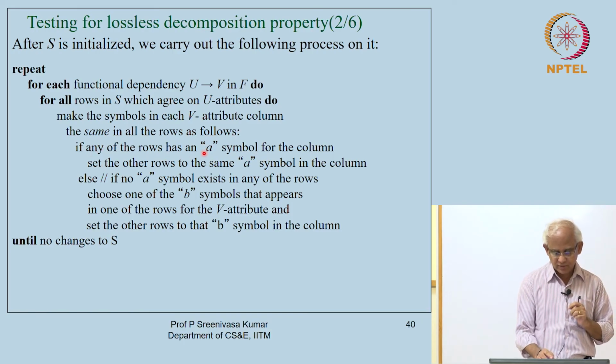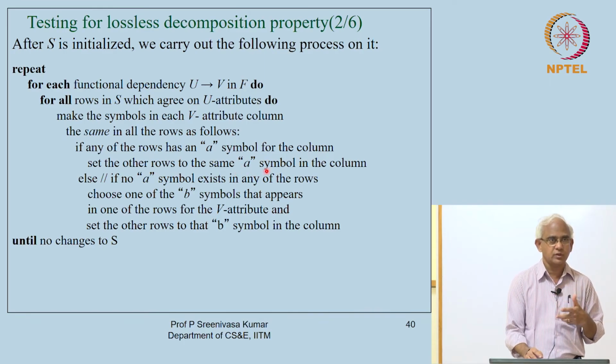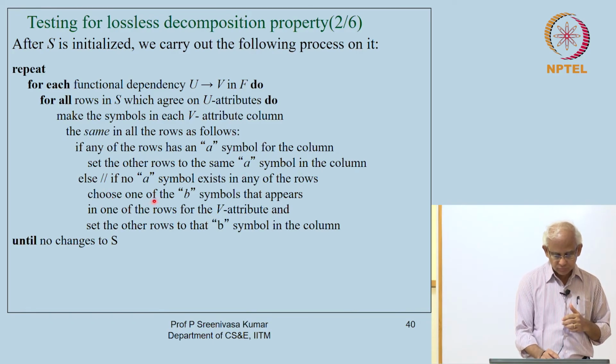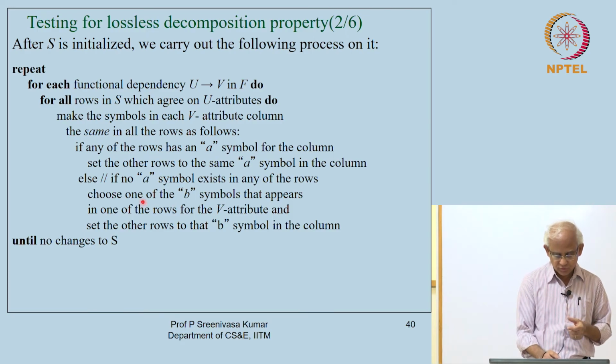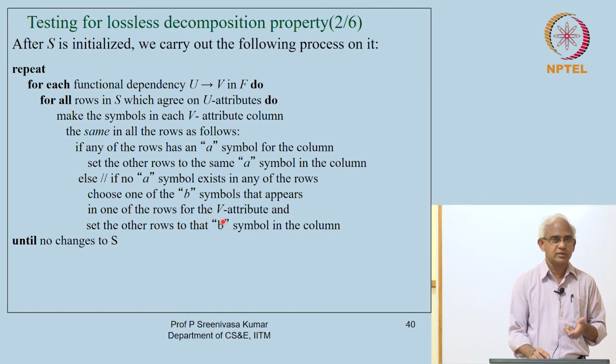So if any of the rows has an A symbol for that column, set the other rows also to the same A symbol. Otherwise, that column of that V attribute does not have any A symbol at all, so it has only the Bij's. Then choose some B symbol arbitrarily and make everybody else equal to that B symbol.